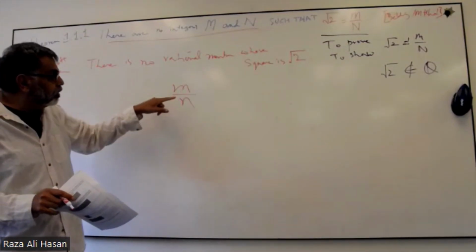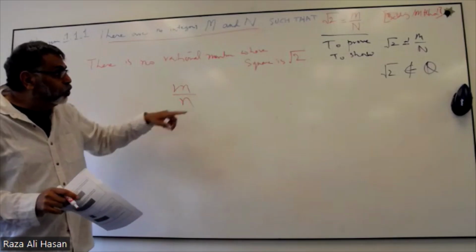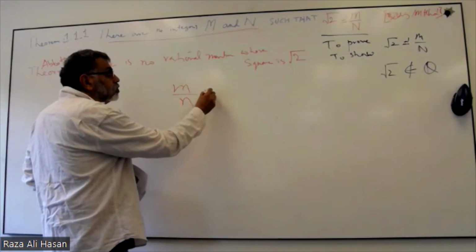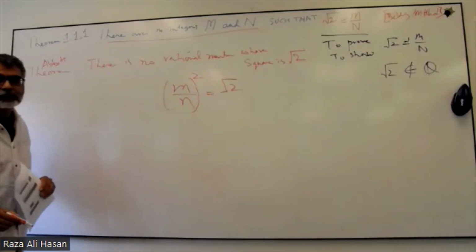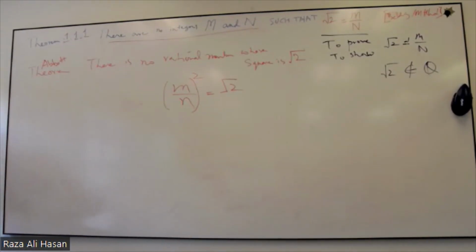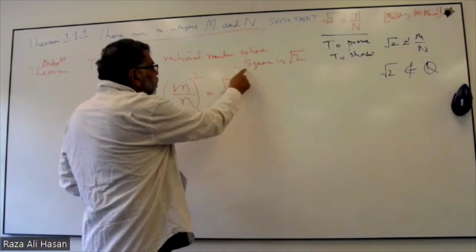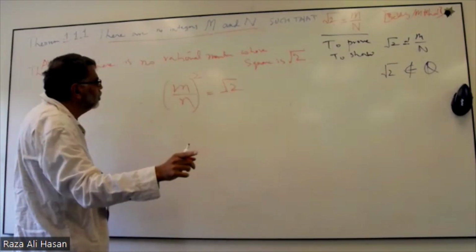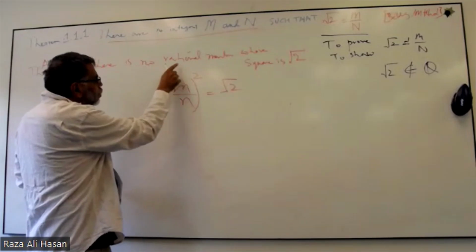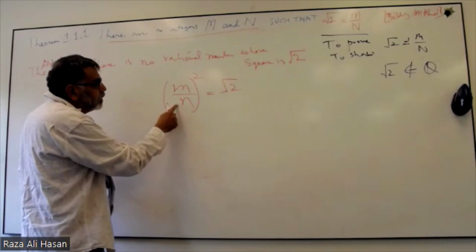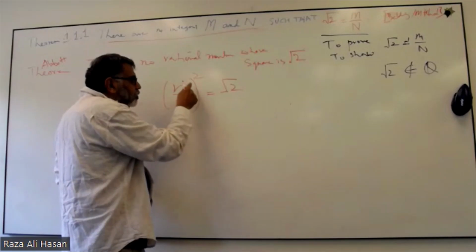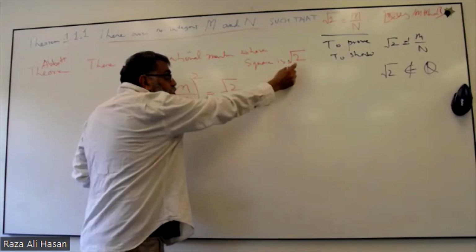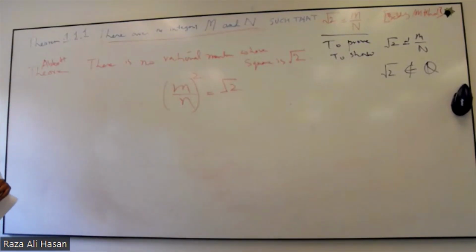There is no rational number m over n whose square equals square root of 2. Yes. So I think your question is, there is no rational m over n. There is no such fraction that if you square it, it will equal square root of 2. That's what it's saying.